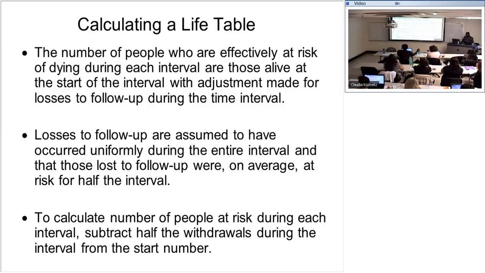But we believe that it occurred uniformly during the entire interval, and that those lost to follow-up were on average at risk for half of the interval. So those are assumptions we make. They were only at risk for half of the interval. So if the interval was 1 year, then we assume they were at risk for 6 months.